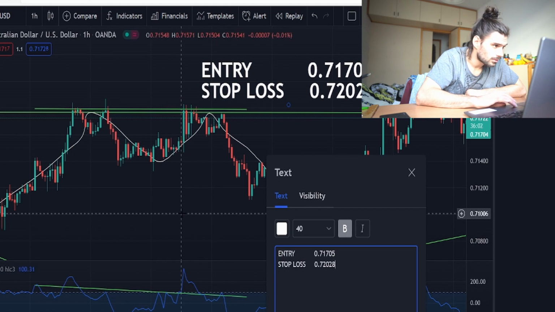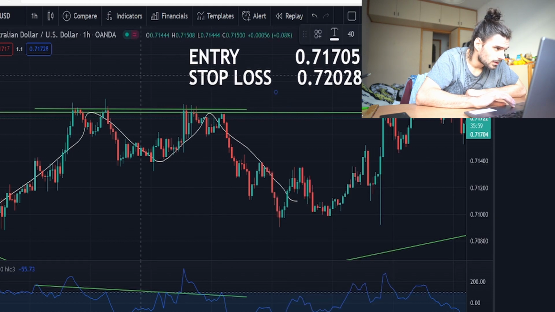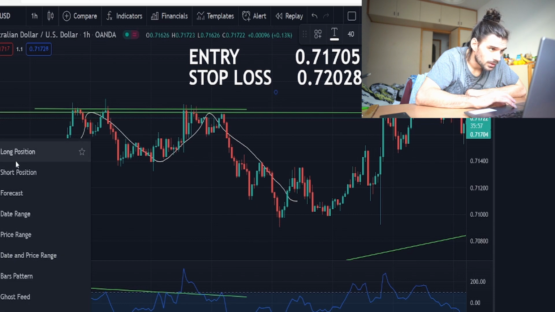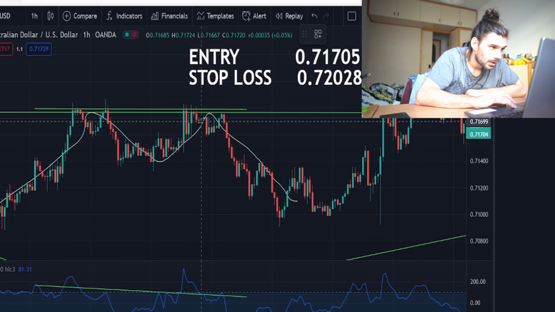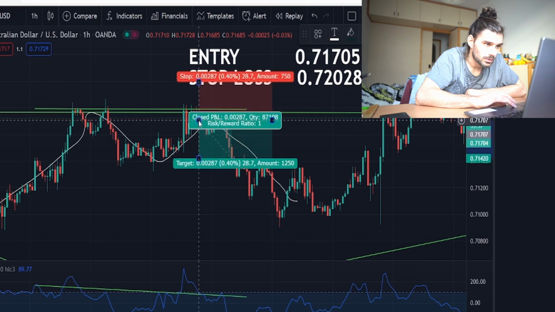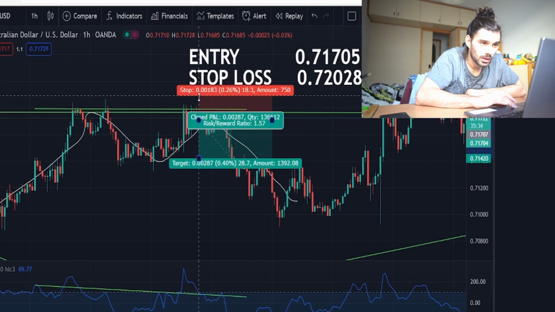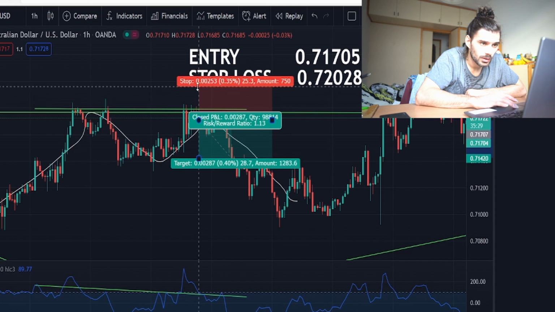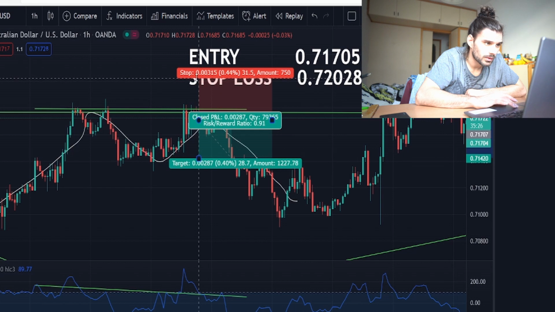So this was the trade that I took. Entered at around 8 p.m., as I said, so it should have been here somewhere after this candlestick, since we saw a little bit of longer wicks and then we pulled lower, so it should have been after this candlestick at 71705, somewhere around here, and the stop loss was at around 7228, so roughly around here.